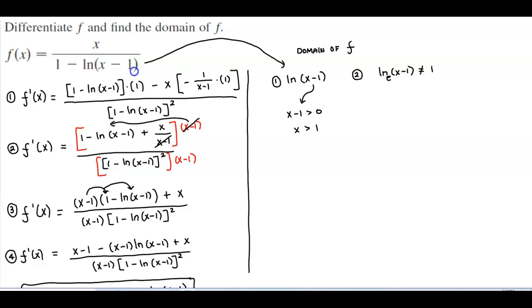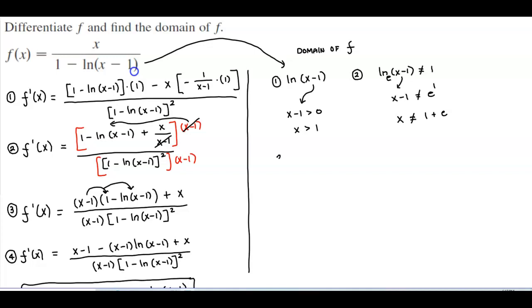Since e is the base, x minus 1 is going to equal e to the power of 1. So if we solve for x, x is equal to 1 plus e. Now remember, x cannot equal that.